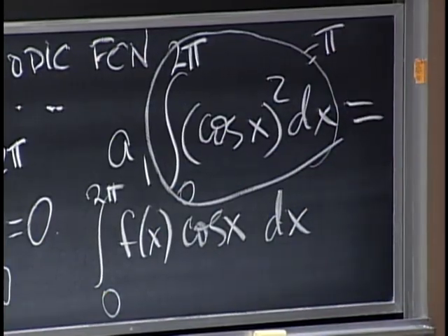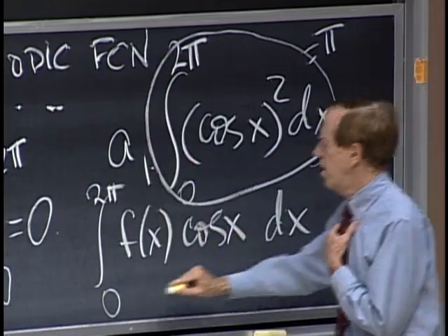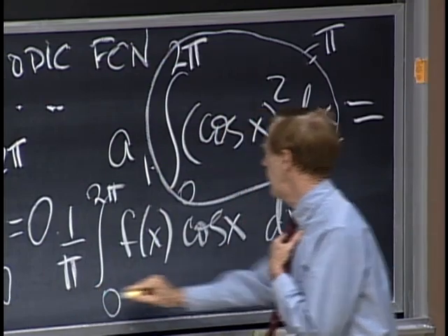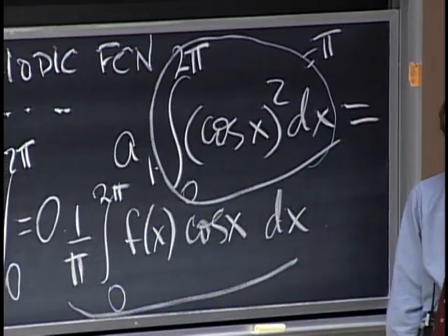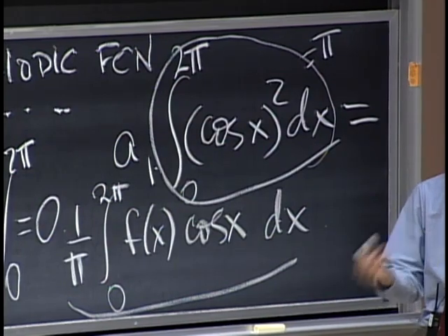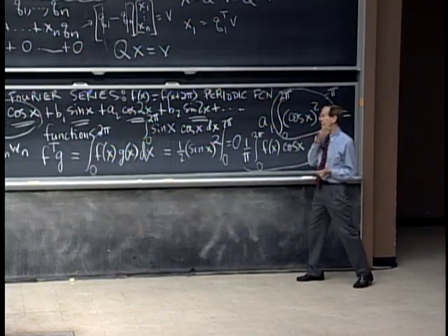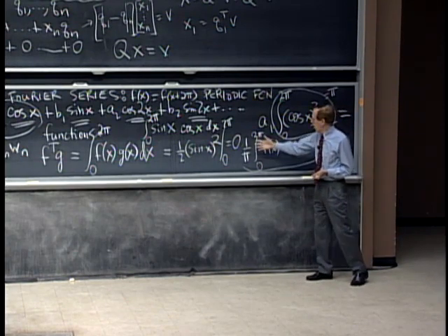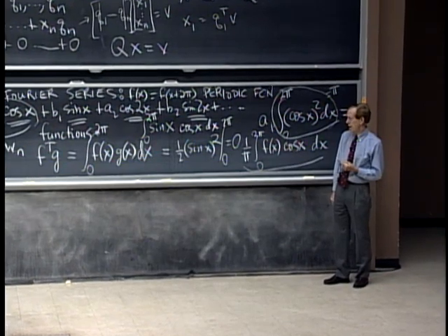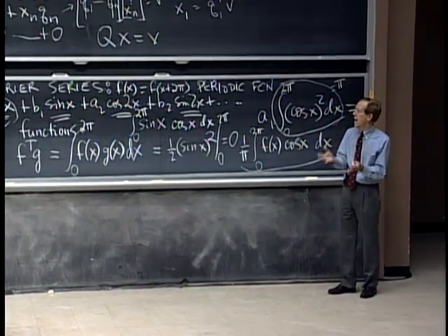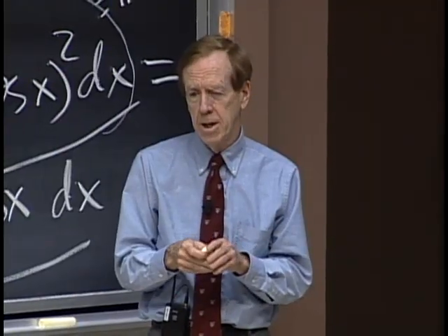So that's an easy integral, and it turns out to be pi. So A1 is 1 over pi times this integral. That's Euler's famous formula, or maybe Fourier found it, for the coefficients in a Fourier series. And you see that it's exactly an expansion in an orthonormal basis.